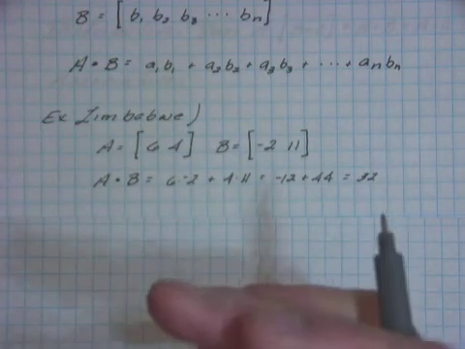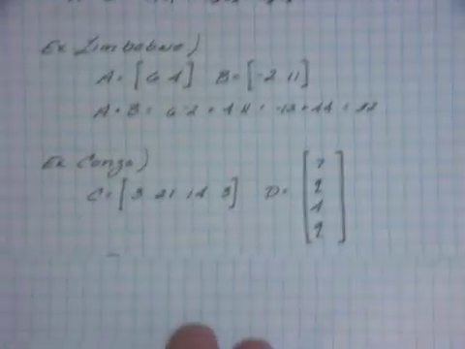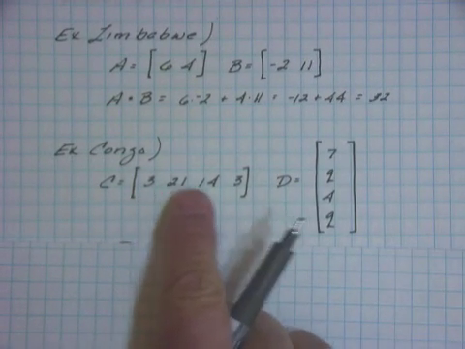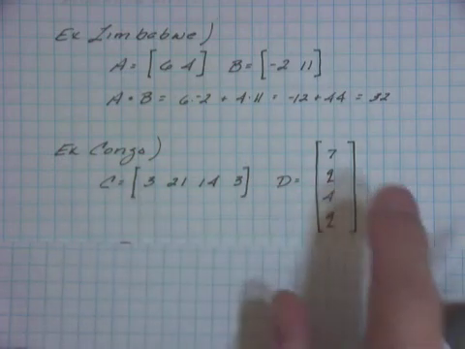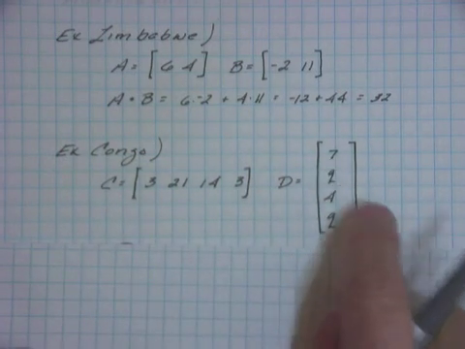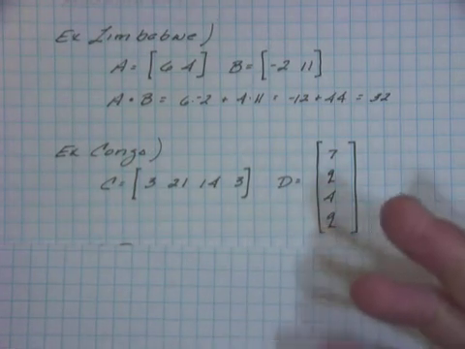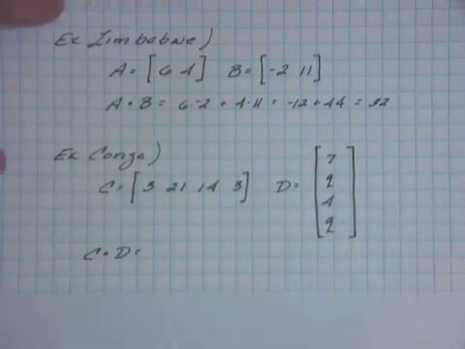All right. Now, sometimes I'm going to slip in a variable just to see how well you're paying attention. So let's look at this one. I've got 3, 21, 14, and 3. That's my matrix C. And D is 7, Q, 4, Q. So if you think about it, what we're going to get is not a number.